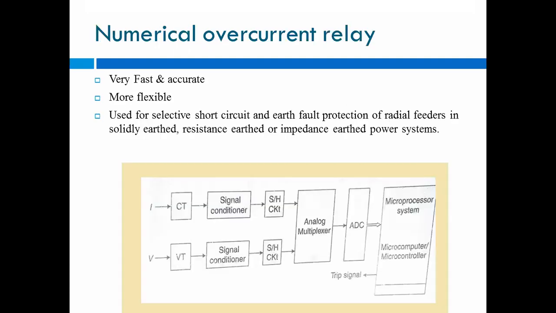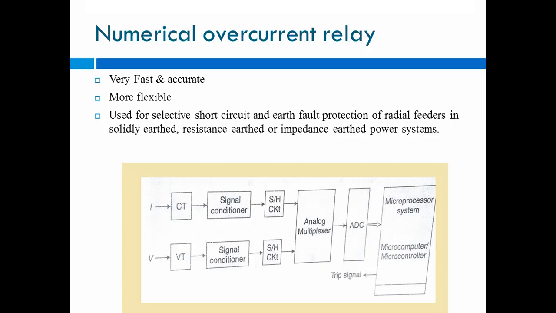Then next is the numerical overcurrent relay. This is an important one, right? Its advantages are that it is very fast and accurate. They are more flexible and used for selective short circuit and earth fault protection of radial feeders. So we are using this numerical overcurrent relay. We have seen the experiment of that, performed it, and seen the characteristic also.